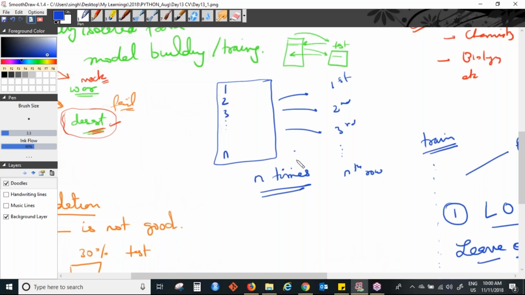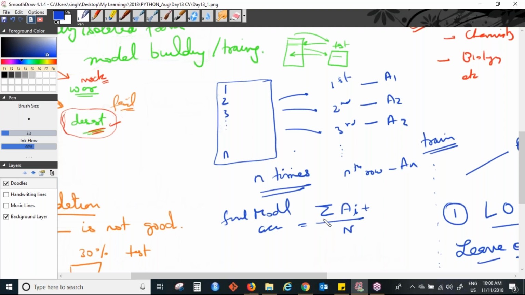You calculate the accuracy, so you will get accuracies at every place, right? So let's say you get A1, A2, A3, and you will get AN. Your final model accuracy is the average of all of them, summation of Ai divided by n.